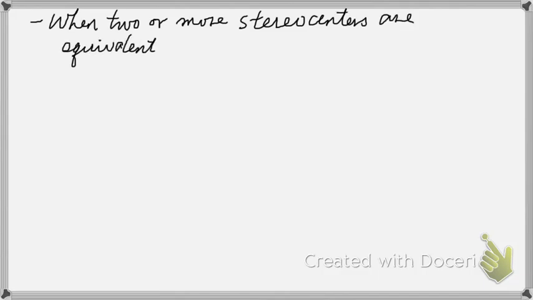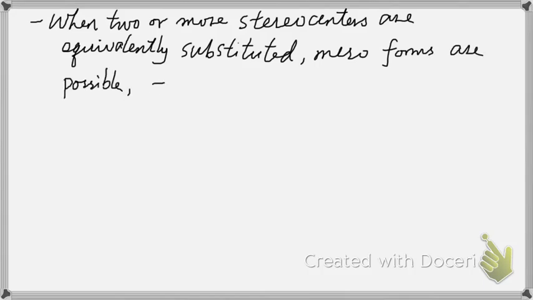Now 2 to the power of n, that's the maximum number of stereoisomers for a constitution. When 2 or more stereocenters are equally substituted, mesoforms are possible. Then the number of stereoisomers will be less than 2 to the power of n. In our previous example, for molecules with 2 stereocenters, you've seen that if 2 stereocenters are not equally substituted, we have 4 stereoisomers.